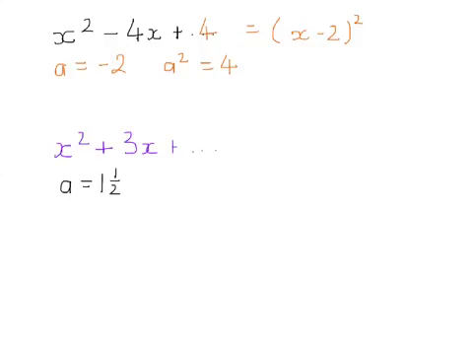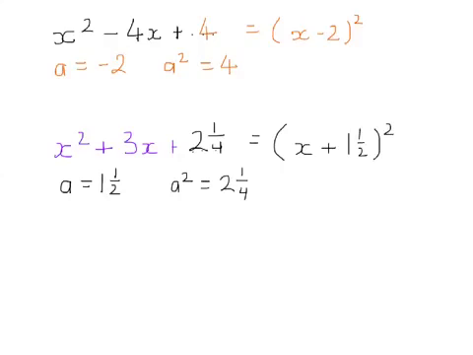And if we square 1.5, okay, 1.5 is 3 halves, so the square would be 9 quarters, so it's 2.25. So our constant term is 2.25, and we can turn it into (x + 1.5)².